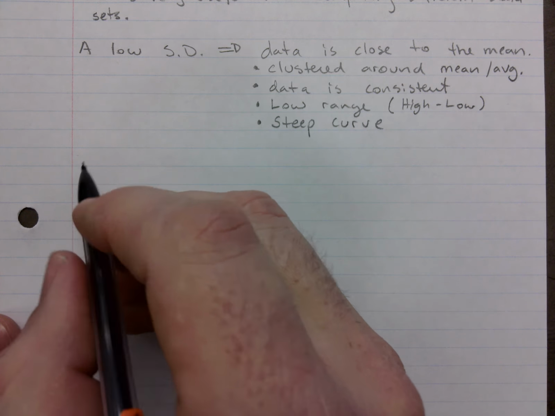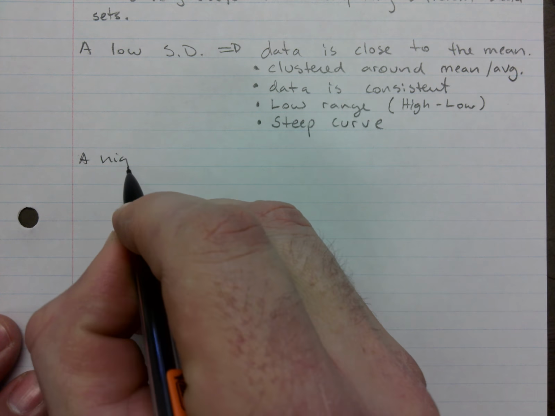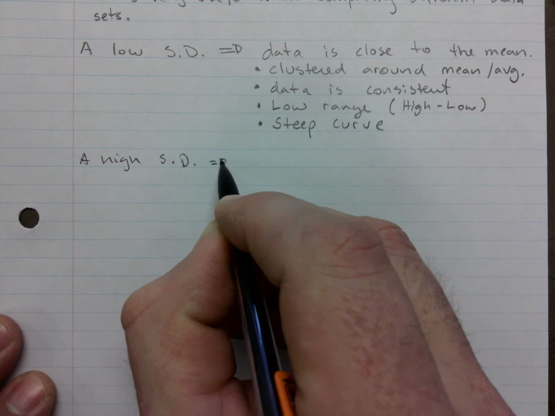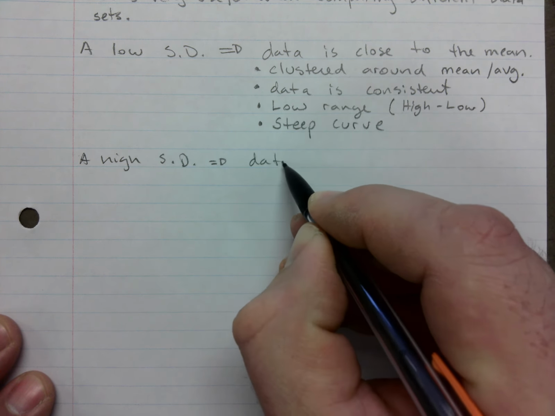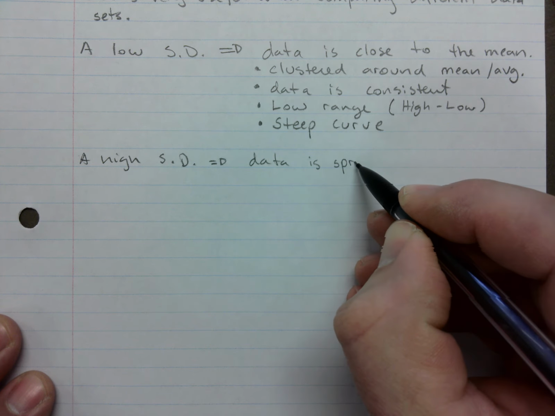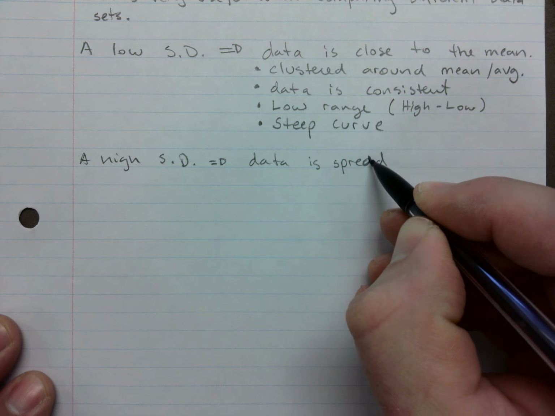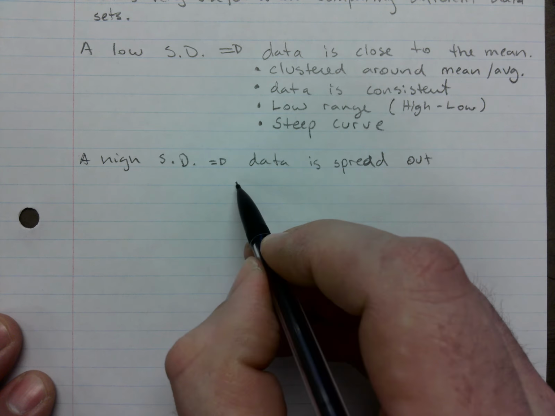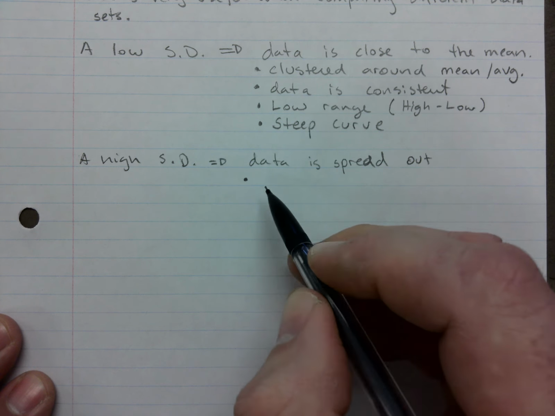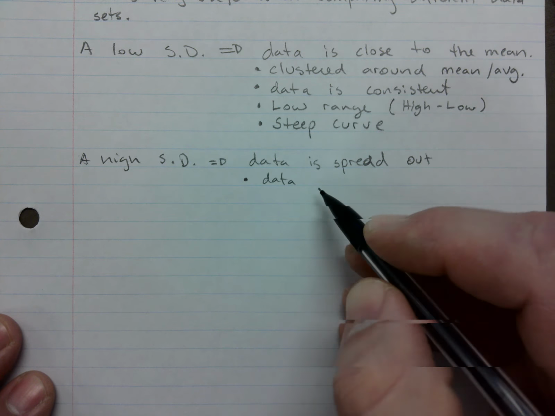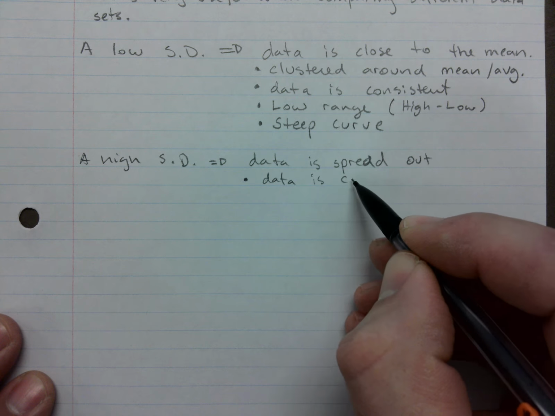So a high standard deviation: data is spread out. Spread out. Data is scattered.